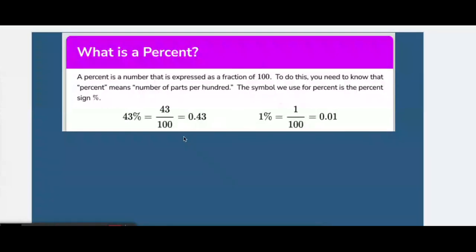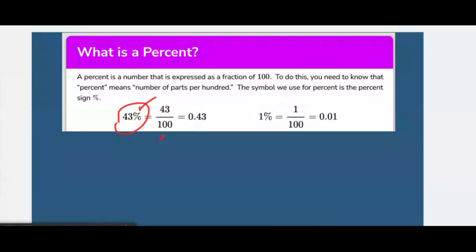The symbol we use for percent is the percent sign, and it is shown over here. You should know what this sign means. This sign, the percent sign, means per 100, number of parts per 100.